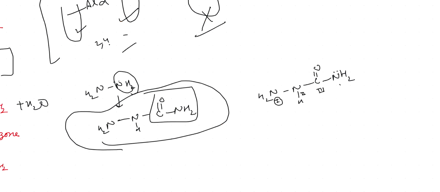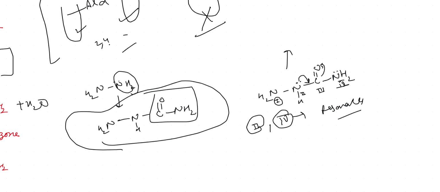Nitrogen number 2 and nitrogen number 4 are involved in resonance because they are linked with the carbonyl group. As the carbonyl has a double bond, the nitrogen will donate its electron to this carbon, and there will be an electromeric shift: NH2, N positive, H, O negative, and NH2.